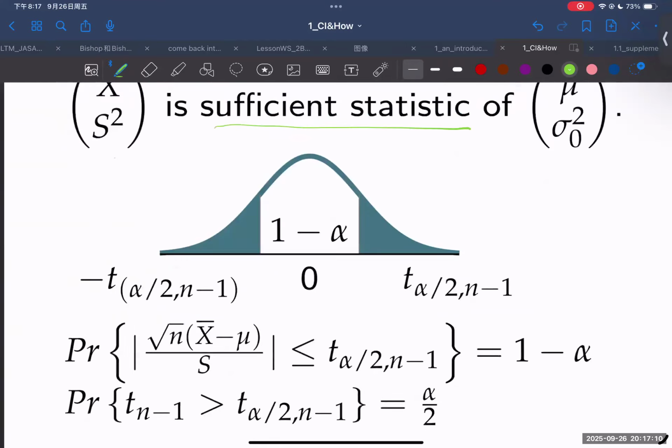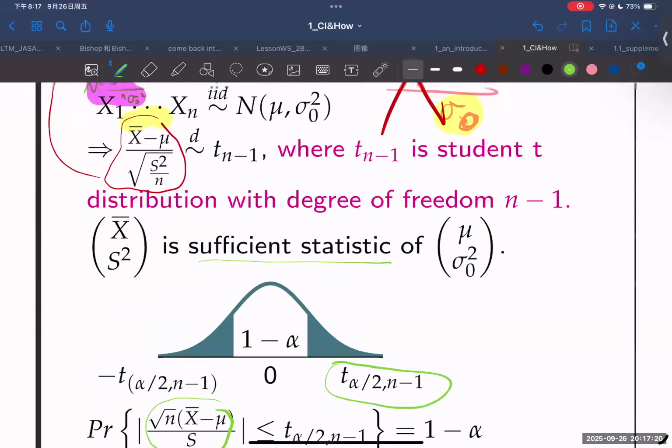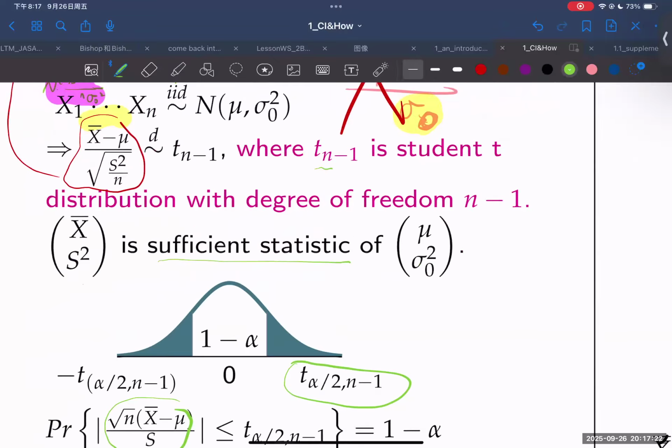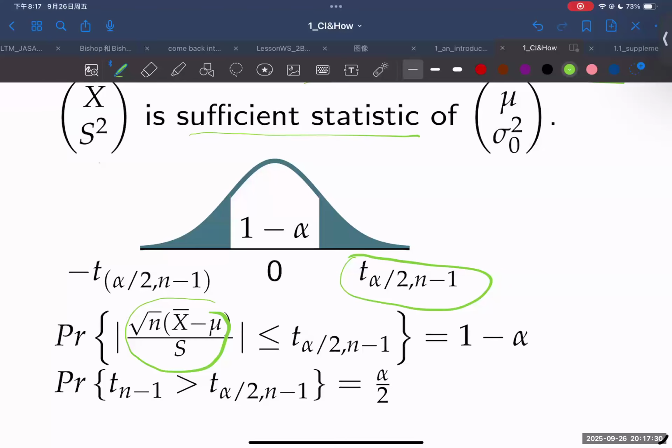Now attention for these parts. Here is a quantile value, right? For this quantile value, remember, T n minus 1 is a student t distribution with degree of freedom n minus 1. And for this one, we would say this is the upper half alpha quantile.